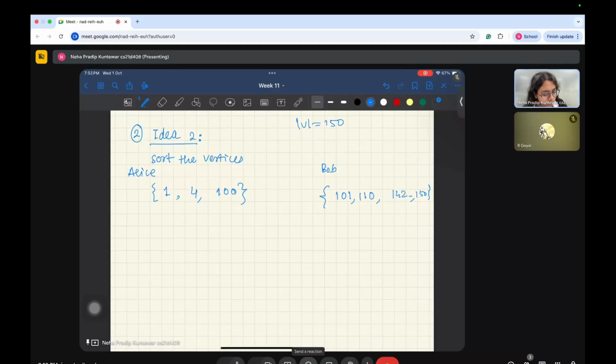Now one thing is that if the largest element of S is smaller than the smallest element of B, then what does this say?